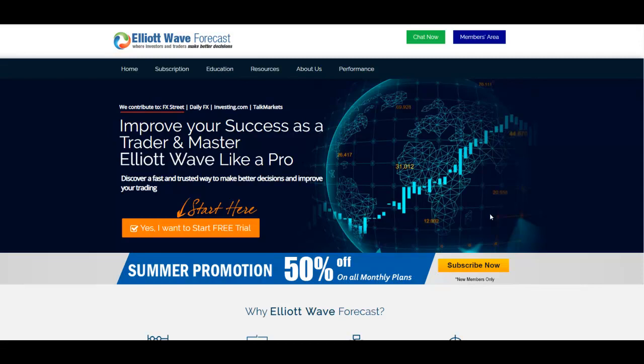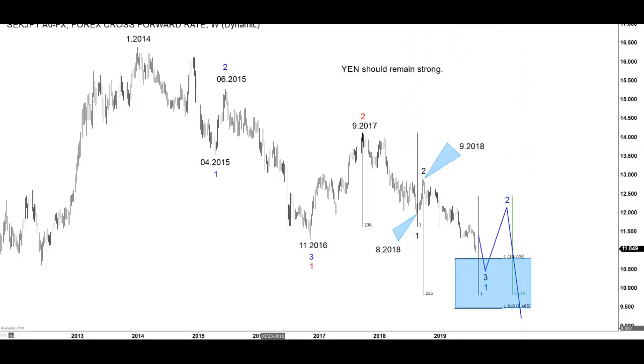In Elliott Wave Forecast, like I say, we cover 78 instruments, including most of the yen crosses, but we do not cover the SEK. That doesn't mean that we don't track the SEK. And the SEK is a very, very interesting yen cross. Why?